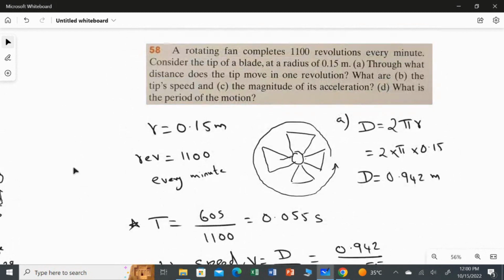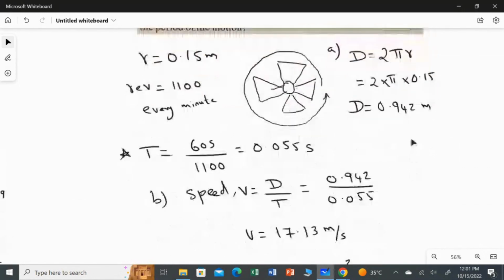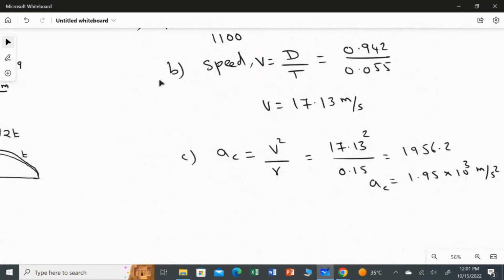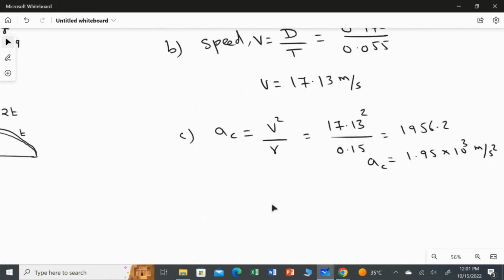The fourth part, what is the period of motion? Actually, the period of motion we already found, but anyhow, we can use the same relation of the B part. What is our answer for the B part? In the B part we used the formula v equal to distance over time.